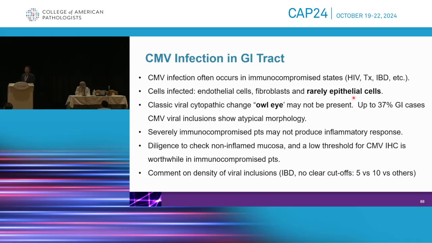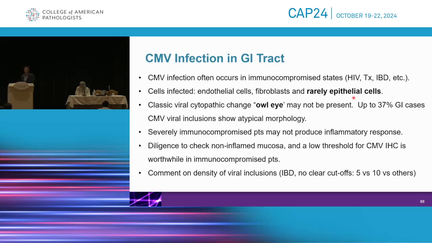The cells infected are most commonly endothelial cells and fibroblasts. Rarely we see epithelial cells, as in our second case. And when you see the classic viral inclusion morphology, the owl's eye morphology, it is very typical.